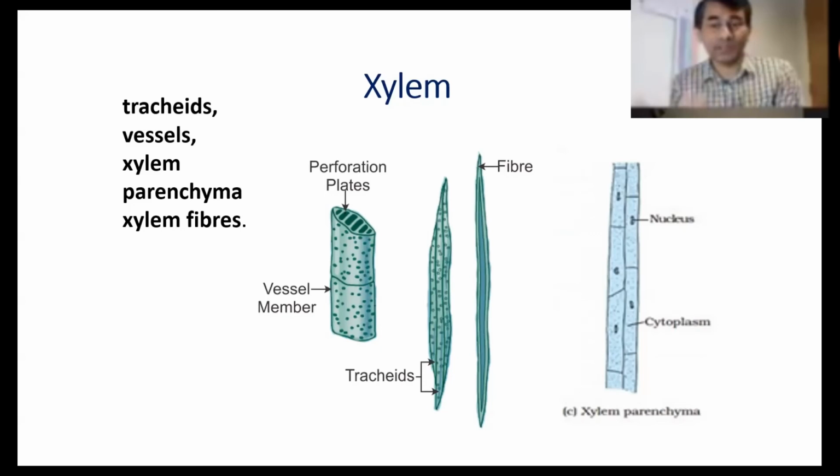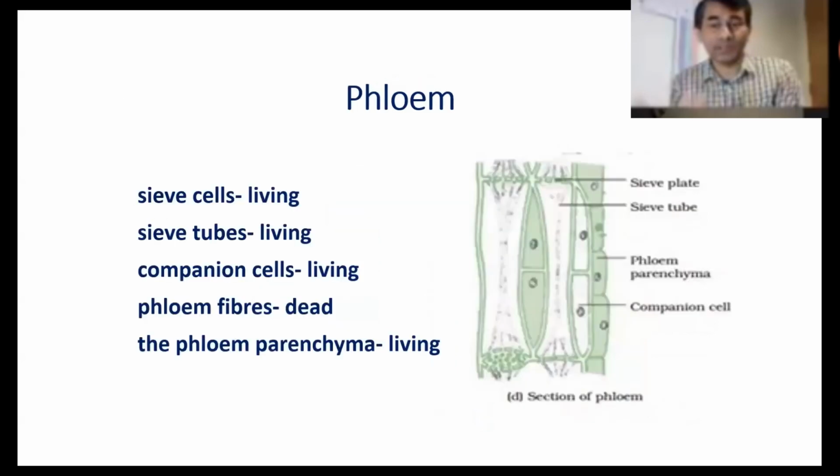They have 4 types of cells, and that's how they look. You will learn more details about this next year. Okay, so just remember this at this stage. And phloem conducts food, especially food which is prepared in leaves, the energy that is sent from leaves to the other parts of the plant.